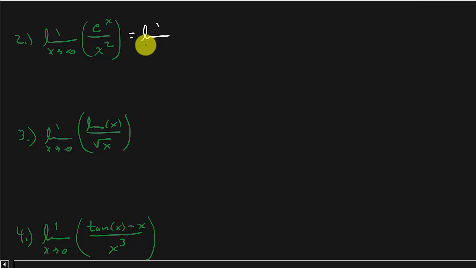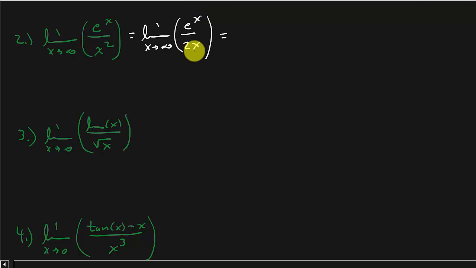So that's going to be the limit as x goes to infinity of e to the x over 2x. Remember, the derivative of e to the x is e to the x. Let's see what we've got now. As I take the limit as x goes to infinity, once again the numerator is going to infinity.